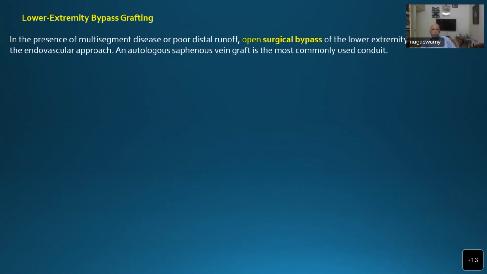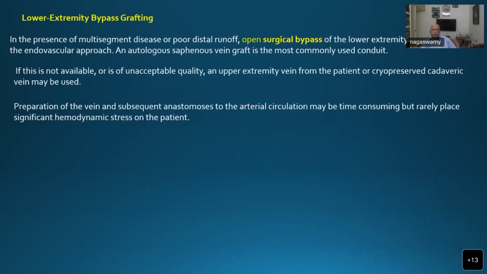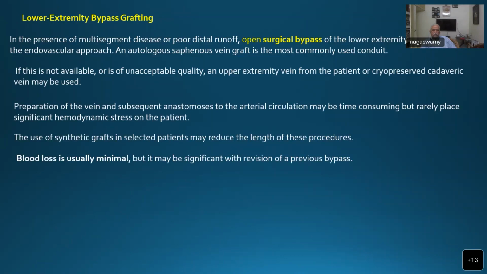And lower extremity bypass grafting can be done. Nowadays, most of them are done endovascularly by putting a stent. But if it is not over the distal runoff, then open surgery will be better than an endovascular procedure. And the venous grafts were used earlier, but nowadays mostly synthetic grafts are being used by the surgeons.